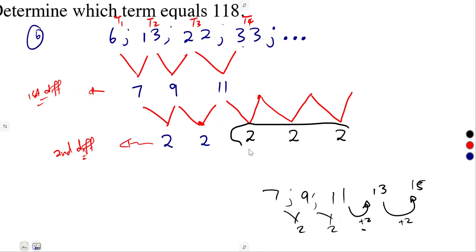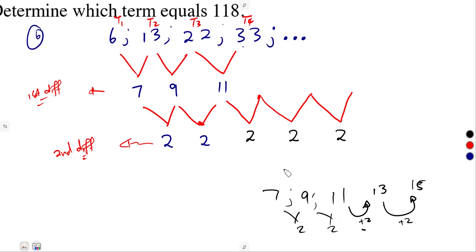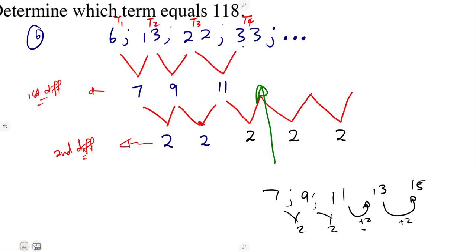The second difference is constant. So we take advantage of the constant part so that it brings other terms from the first differences, which will help us get the terms that we need of the number pattern. Just like that. So this is the condition that you can simply use.